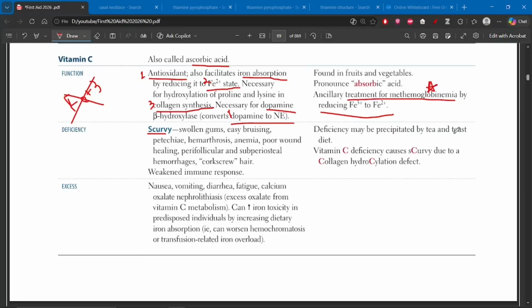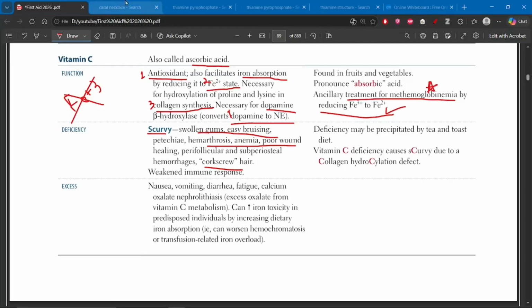This is not a definitive treatment of methemoglobinemia, but it can be used because in methemoglobinemia, the big problem we have is that the iron is oxidized. So vitamin C can reduce it to Fe2+. Deficiency can cause scurvy: swollen gums, easy bruising, petechiae, hemarthrosis, anemia, poor wound healing, perifollicular and subperiosteal hemorrhages, corkscrew hair.